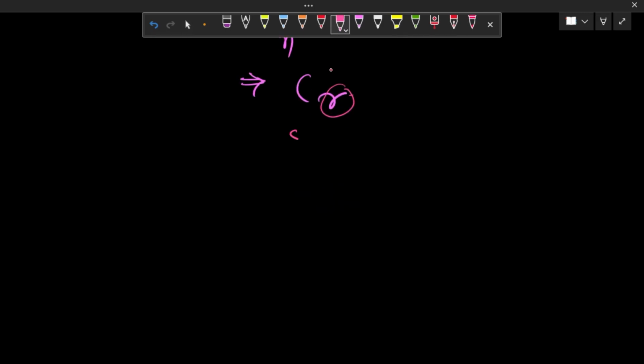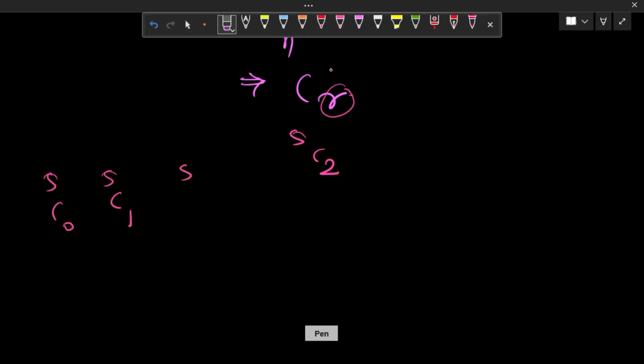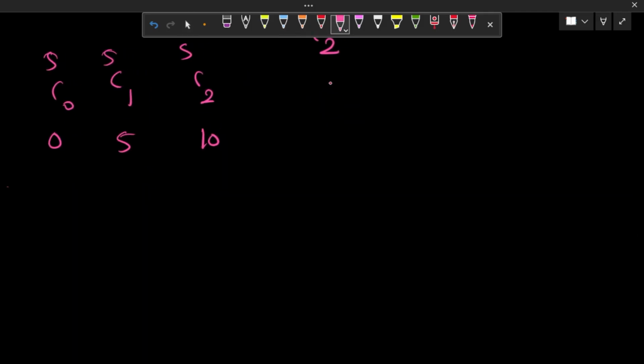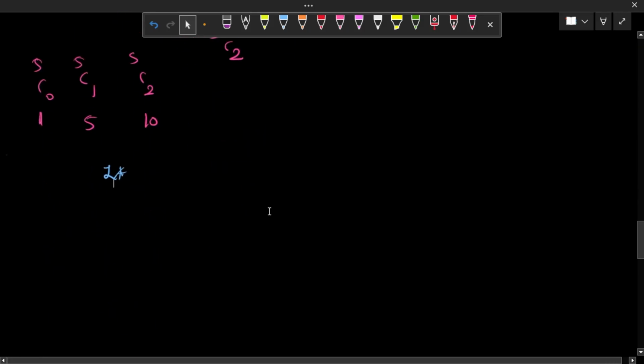If I have to calculate 5C2, I have to calculate 5C0, which is 1, then 5C1, which is 5, and after that 5C2, which is 10. Now how will I calculate it? I know 5C0 is 1. Now 1 into, I have to calculate 5C1.